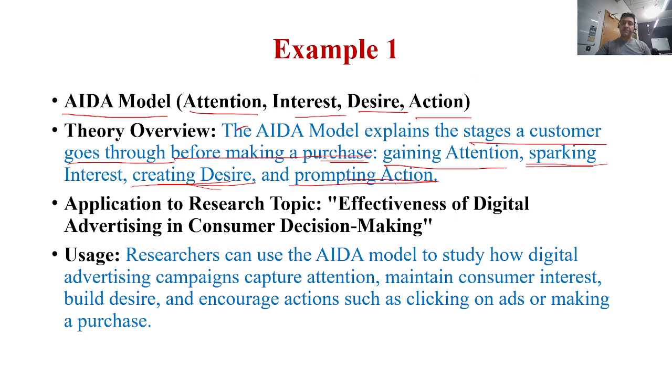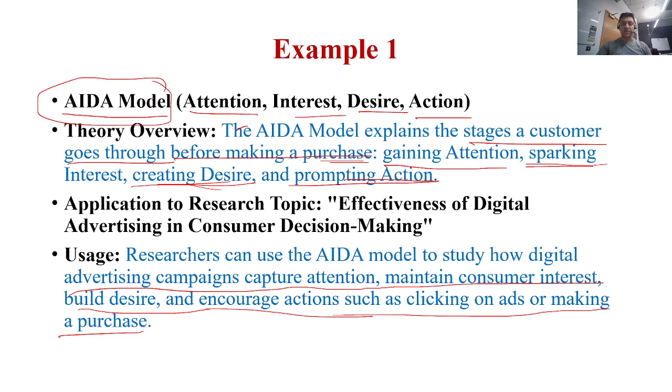So, if, for example, we are trying to understand how the digital advertising campaigns capture attention, maintain consumer interest, build desire, and then eventually it leads to the purchase of some product, we will use this model to explain what we are trying to do.